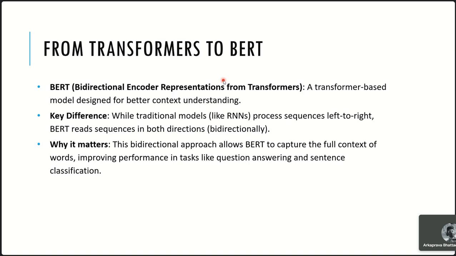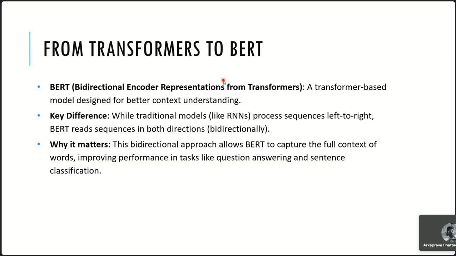it is also using another characteristic from the transformers, which is the encoder. What was happening in case of the encoder of transformers? One, the encoder was converting words into word vectors. Two, we had incorporated self-attention. We had also incorporated multi-head attention.